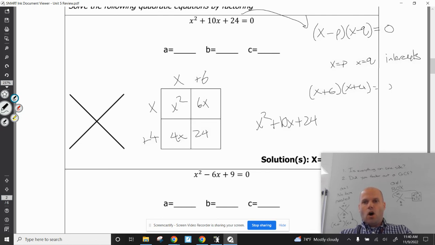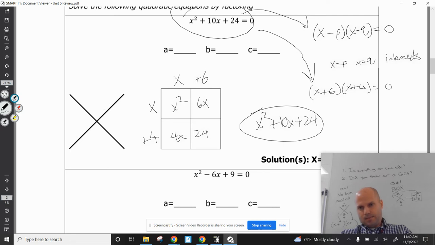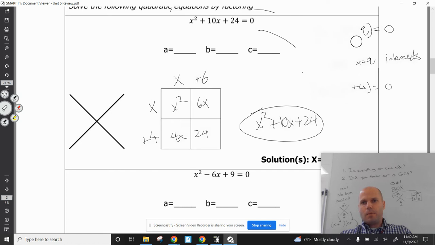Our goal is to take that, but then turn it into this. Because when we turn it into this, we can easily see what our intercepts are. It's going to be negative 6 and negative 4. So the way we back things out is we end up playing a little number puzzle to help us back out this distribution.